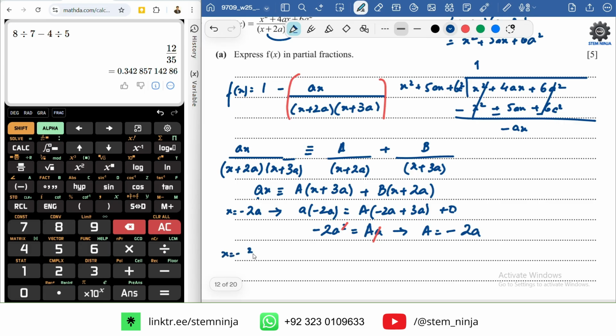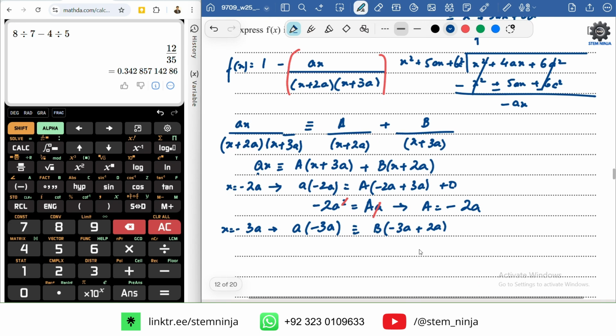Similarly, when you choose minus 3a, right? So this would also happen the same way. So minus 3a, right? And the first term would be 0. You'll be left with x minus 3a plus 2a. You'll have minus 3a squared identical to b times by minus a. Minus minus gets cancelled, a gets cancelled, so you are left with b is equal to 3a.